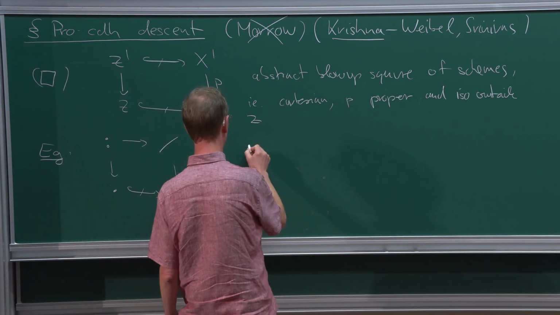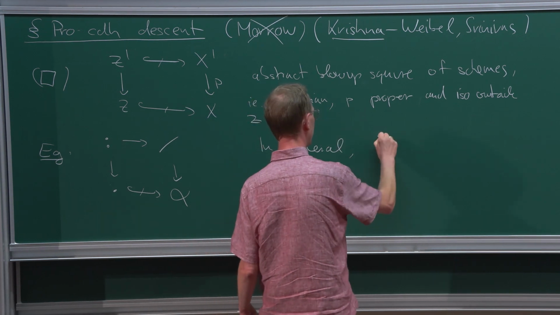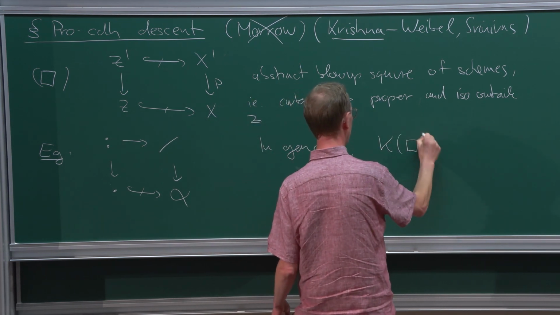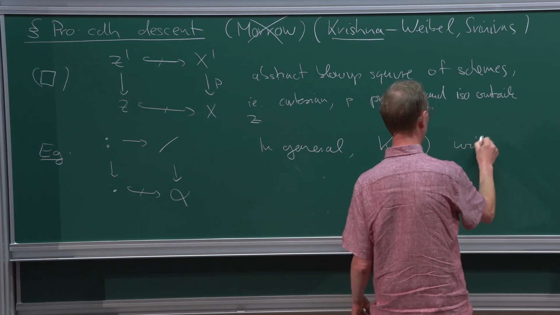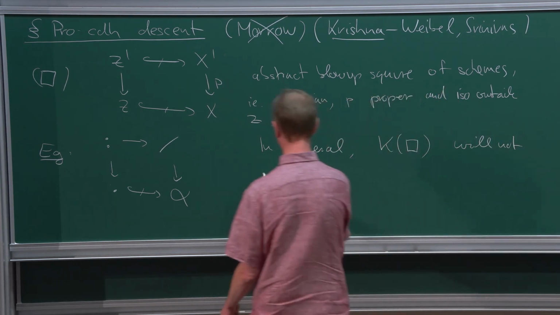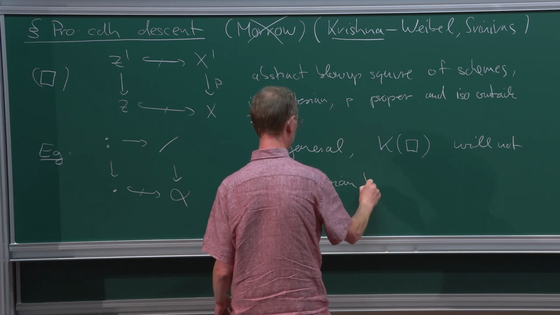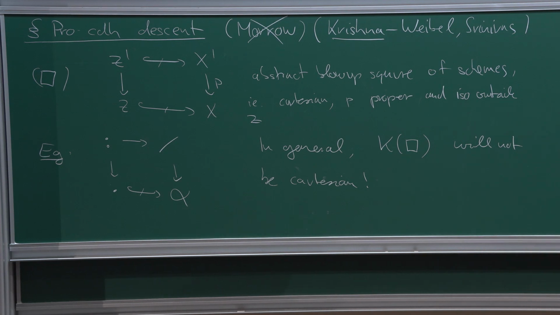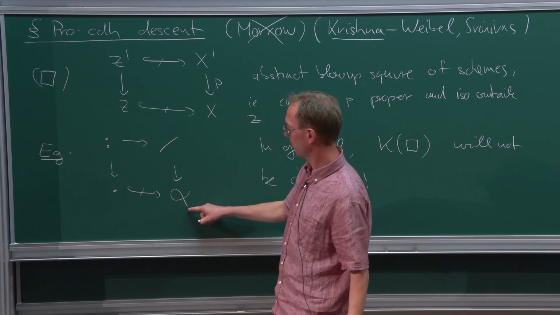Then it's known that in general, if you apply K-theory to such an abstract blow-up square, it will not be Cartesian. That's bad because we cannot deduce anything about the K-theory of this one if we don't know the other corners.